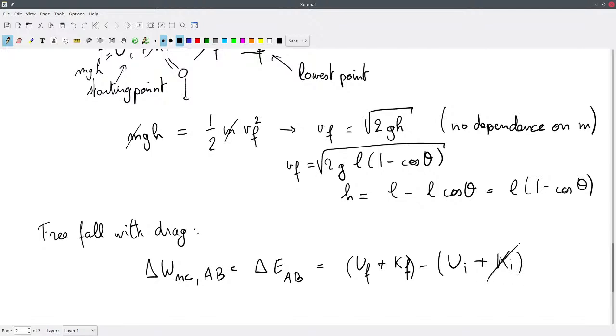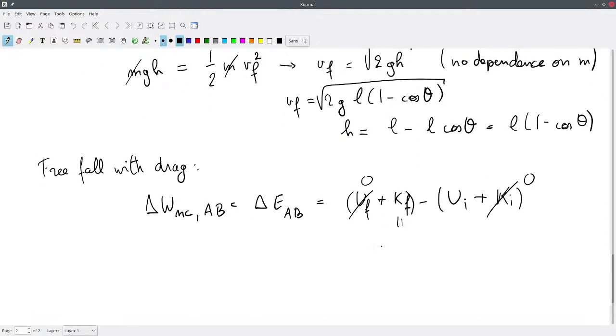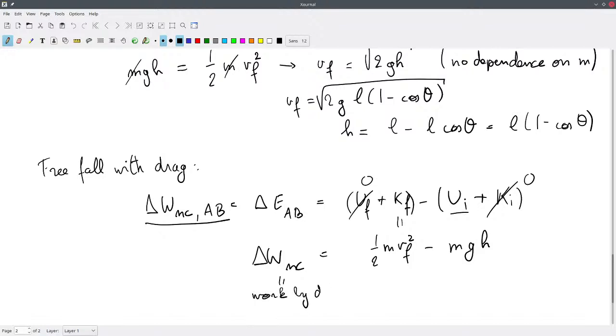And so the initial kinetic energy is equal to 0. We can set the final potential energy equal to 0. We'll have that this is 1/2 mass times the final velocity squared, and this will be mass times g times the height from which we drop the initial package. So that will be the change, and this will be the work done by non-conserving forces, or in other words, the work by drag as this object is falling.